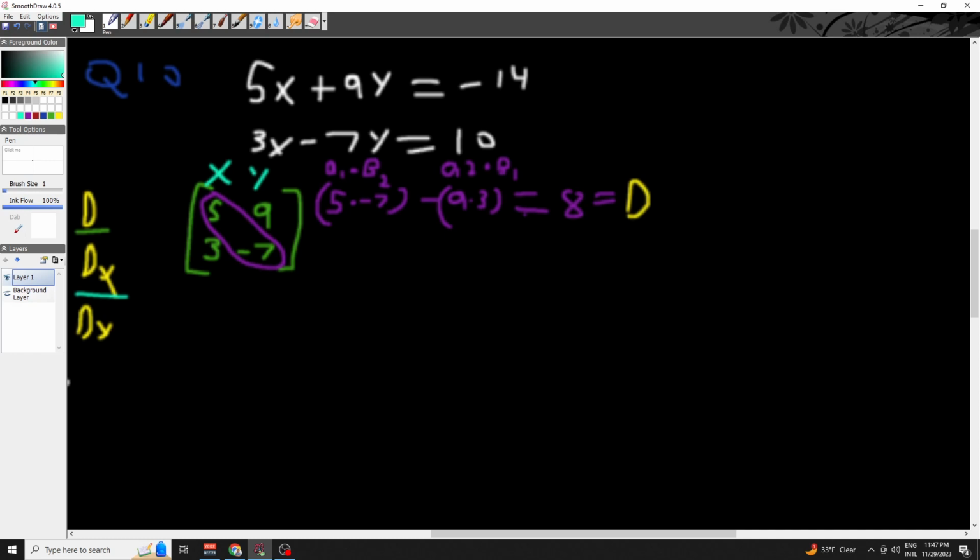You make sure there are no x values. So 5 and 3, x values cannot be present in Dx.